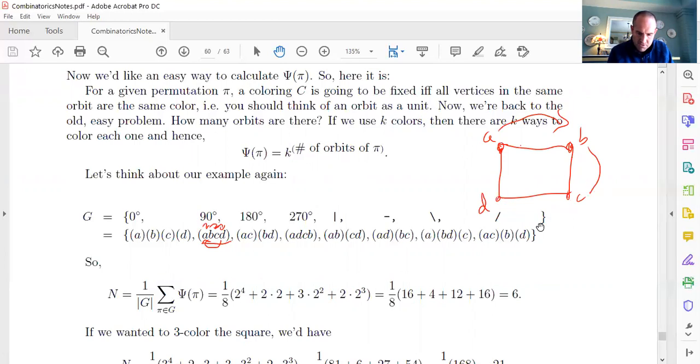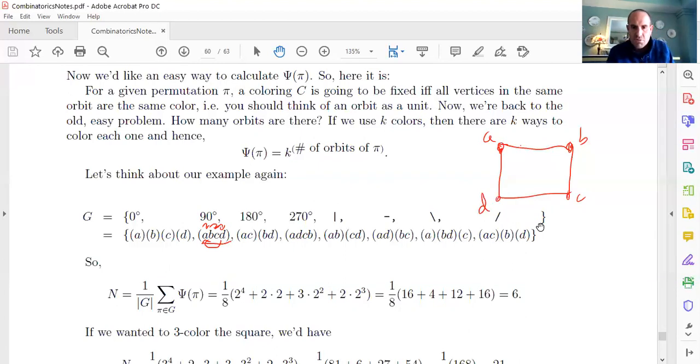Then AC, the 180-degree rotation. A and C are going to flip back and forth between one another, and same thing with B and D. The 270-degree rotation is the same thing as a backwards rotation by 90 degrees, so A goes to D, D goes to C, C goes to B, and B goes to A. Then I have this vertical line, which is reflection in the vertical axis.